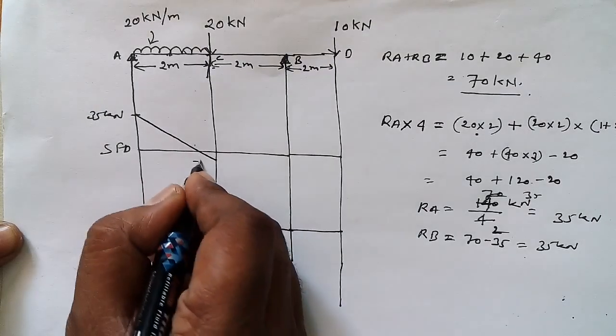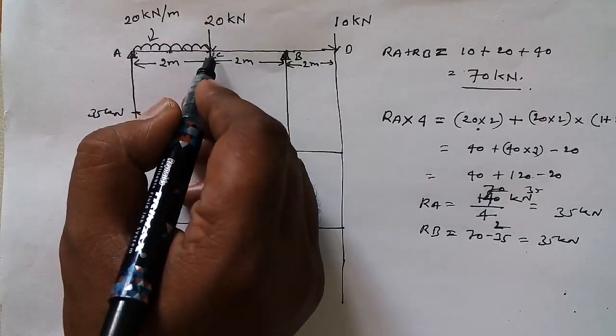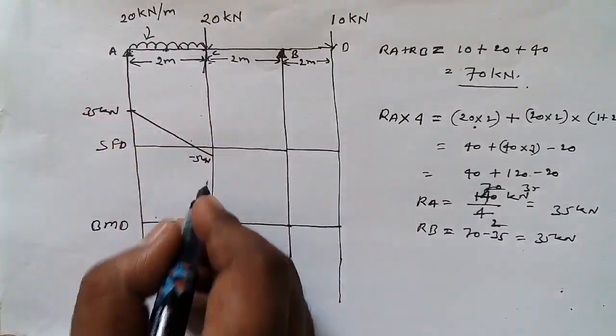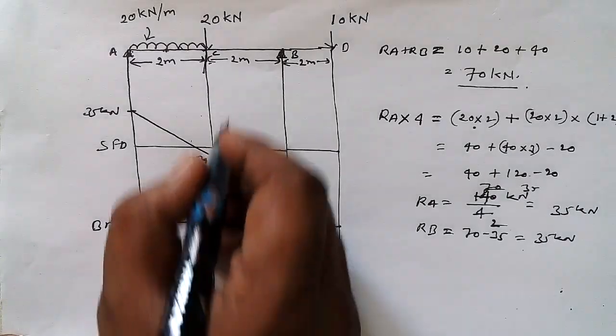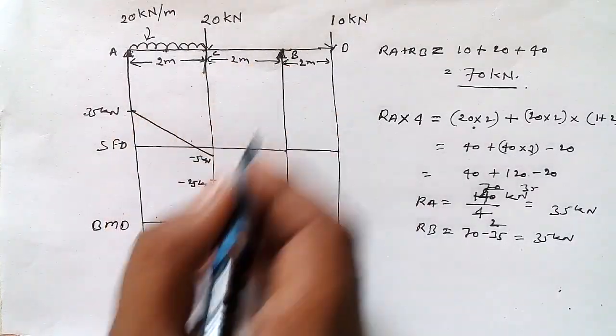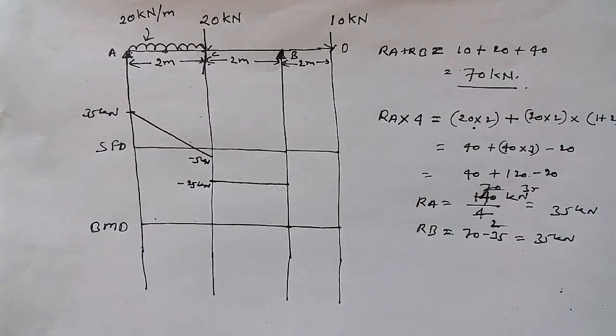Minus 5 kilonewton. Now here is another load, that is 20, so this will become minus 25 kilonewton, and here we don't have any load, that's why it would be like this only, a straight line.